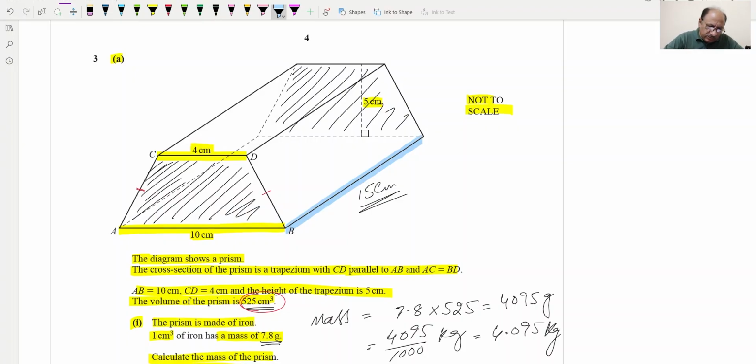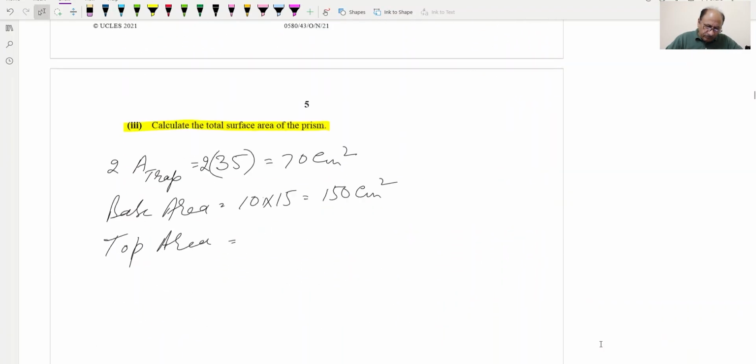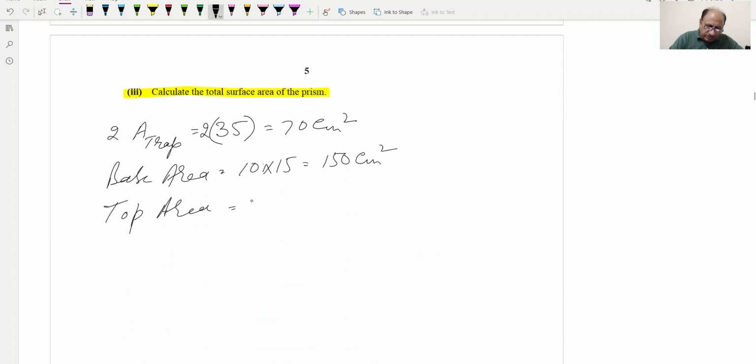This is the top of the prism, so 4 multiplied by 15 is equal to 60 centimeters squared.